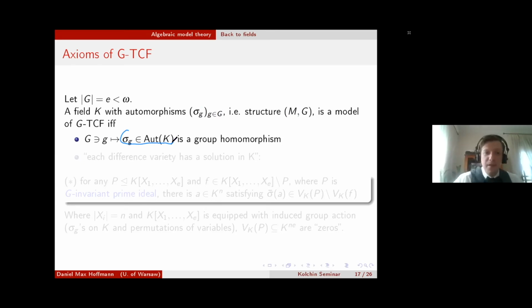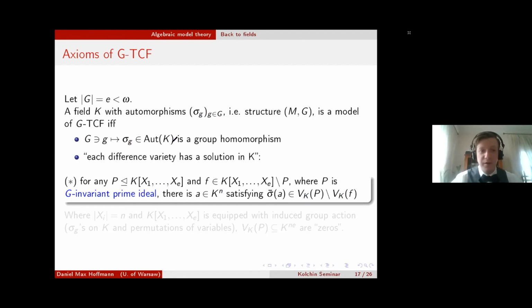And then there is the next axiom, the existential closedness, right? So geometric existential closedness: each difference variety has a solution in K, okay? And I just put it in quotation marks because it's not precise. So what I mean by that is exactly the property star, this axiom star.